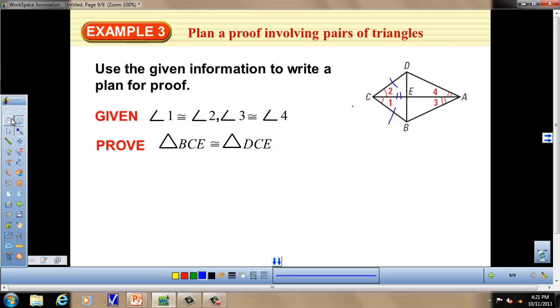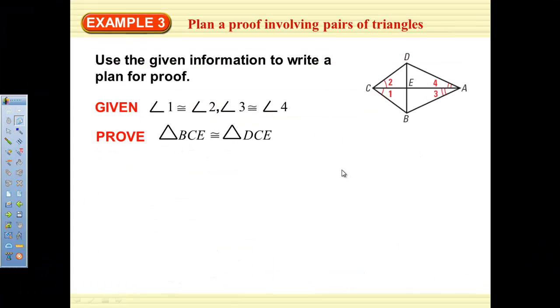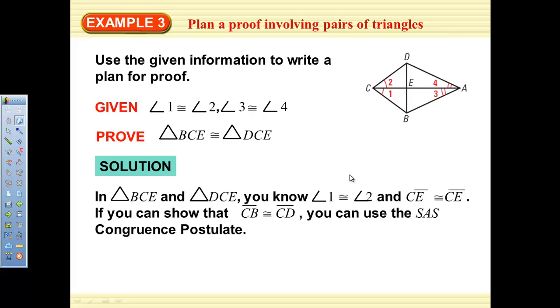I know that's kind of confusing, just me talking about it. So again, for BCE and DCE, we know these two angles are congruent and that they have a common side that is congruent. We need to show that CB and DC are congruent using side angle side. If we can do that, then we're set.